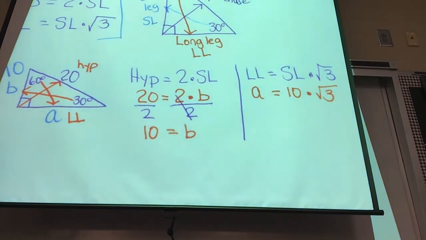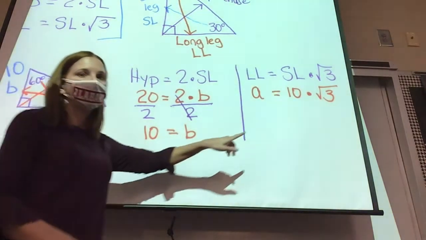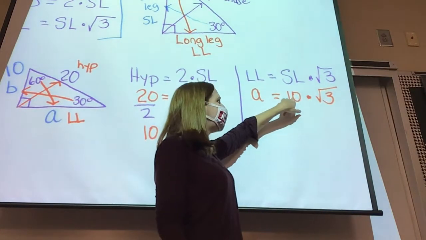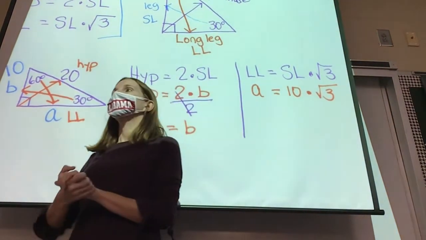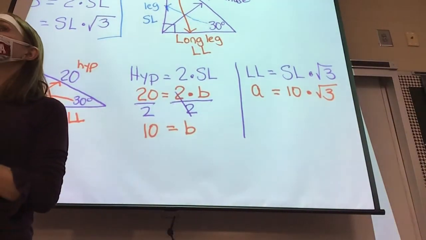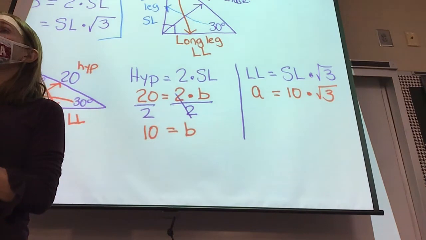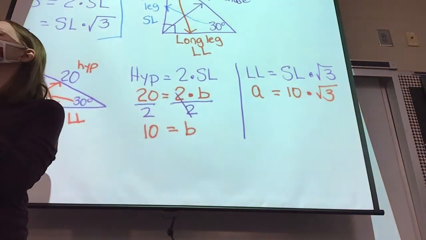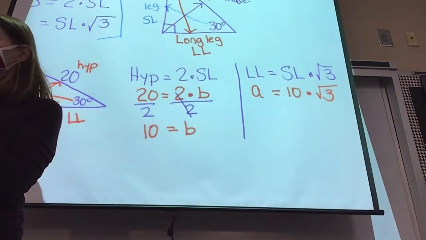So a lot of it's just going to be plugging things in. Now, how do you multiply a whole number and a square root? That's what we're doing right here. How do you multiply those two together? You have to do 10 times 3 and square root of... just stick them together. 13?